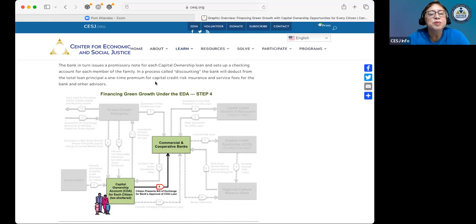We call this process discounting, where the bank deducts from the total loan that's made a one-time premium for administering the capital credit and a certain amount of profit for the bank, service fees, etc. The difference between a service fee and an interest charge is that interest is charged every year, or whatever period of time that you have a principal still owed.